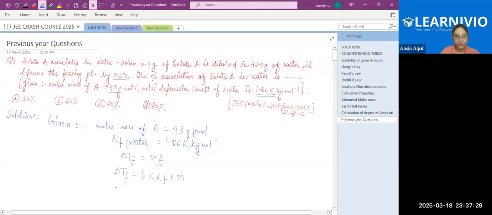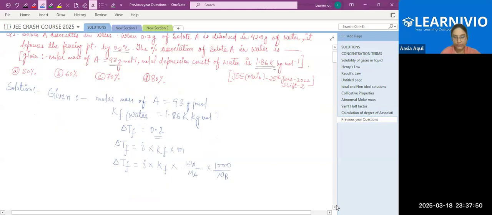Now substitute the formula for molality here. What will be the molality? Weight of solute upon molecular weight of solute into 1000 upon WB. This was the formula for molality.